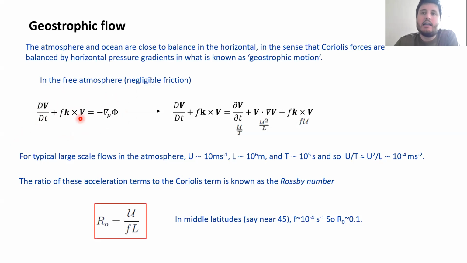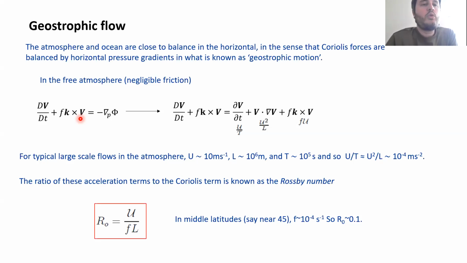This is what is called a geostrophic balance. The geostrophic flow is the flow that results from a perfect balance between the Coriolis force and the geopotential gradient force.